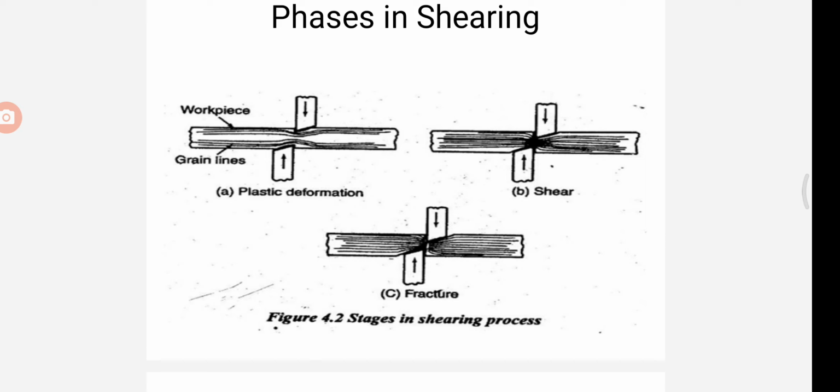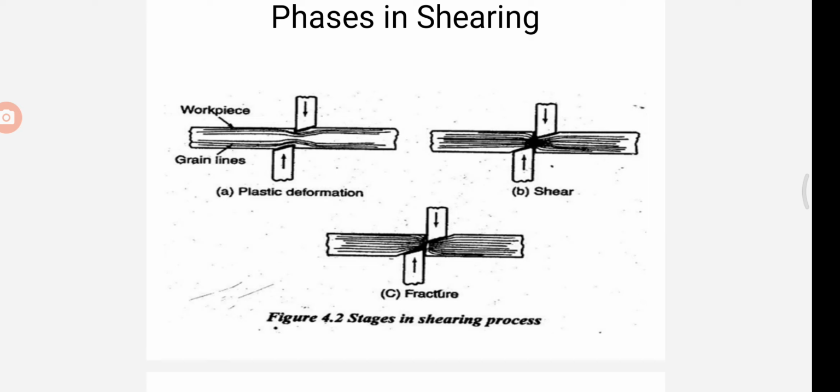This is known as plastic deformation. The second is the shear. Here the blades begin to penetrate either side, which produces shear on the workpiece along a vertical line. Work hardening occurs at the center.